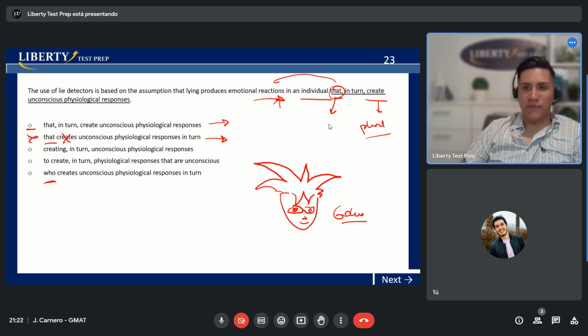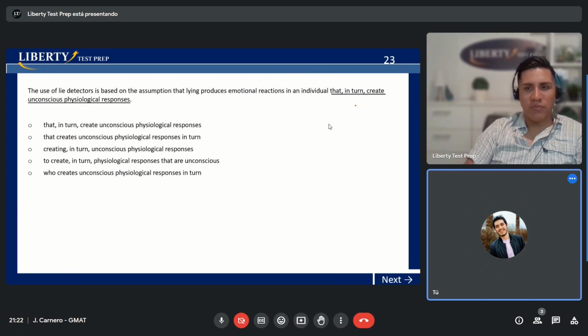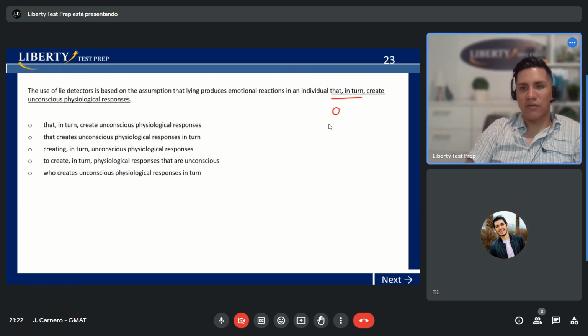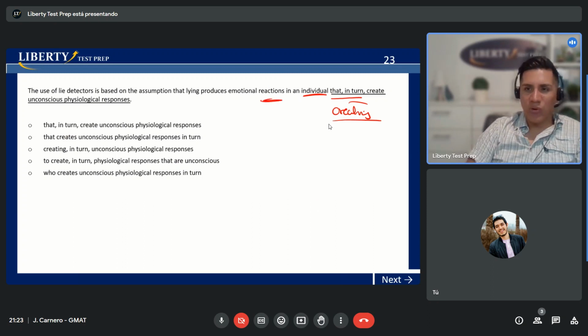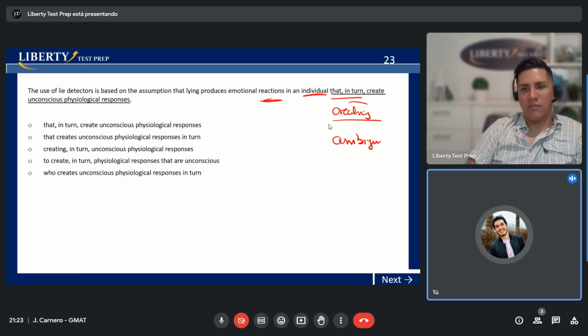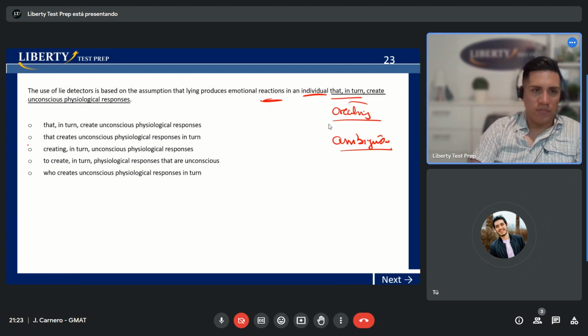Creating is an adjective also. The problem would be here. You have the adjective creating. What is it modifying? It could be individual, or it could also be reactions. Is there any way for you to know? No. So what is that? Ambiguous.